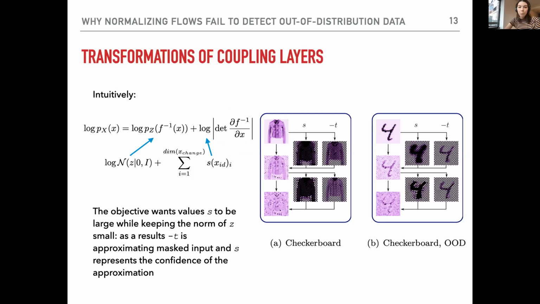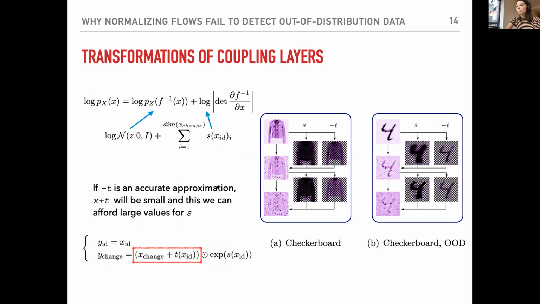So we want the output of the network to be close to the masked pixels, and S to be large where we are sure that we have a good prediction, and it has to be low when we are not sure that we are making the right prediction. So basically, if T is a good approximation of X_change, then this is very, very close to 0, and we can afford large values for S, and this would achieve very good values of the objective.